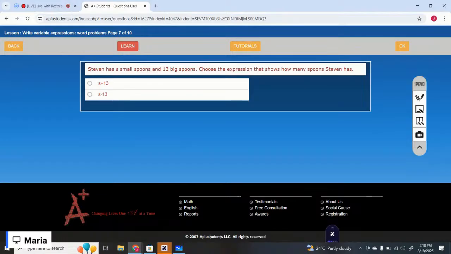That is S plus 13. Option number 1 is the correct option.